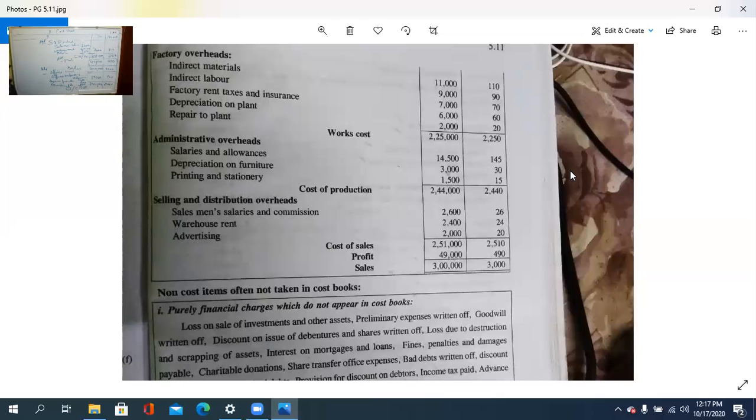Then if there is any opening or closing work in progress, that is to be adjusted, and then after that selling and distribution overhead to be added with the cost of goods sold after the adjustment. Then we get the cost of sales or total cost. Then take the difference, that is the profit or loss depending on the circumstances. So this is the detailed cost sheet.